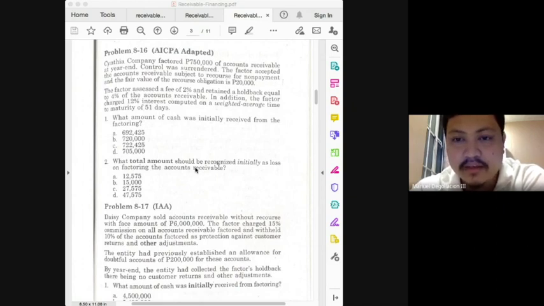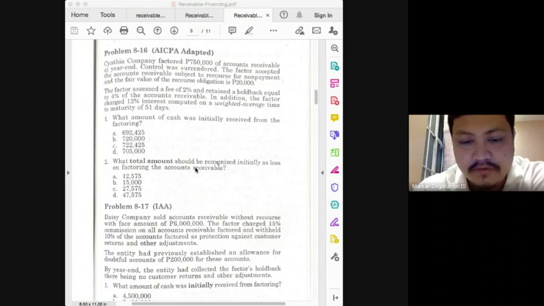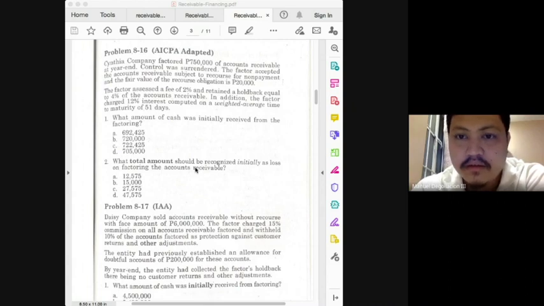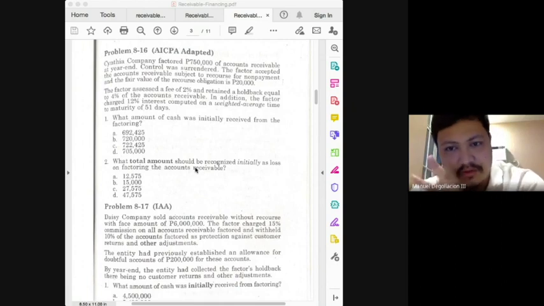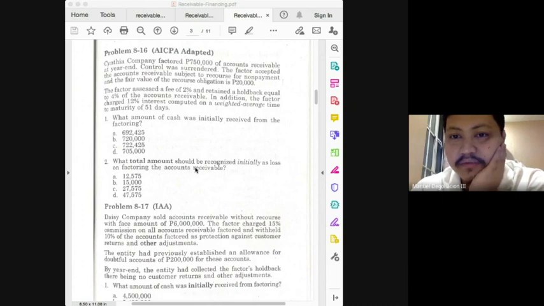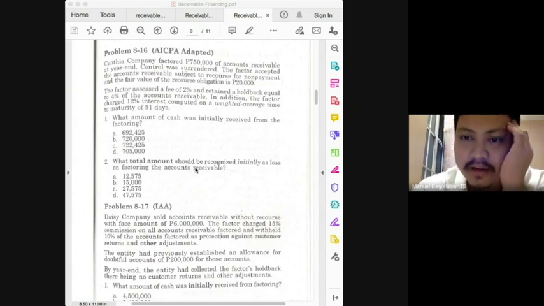So we will get 12,575 and some change, plus the 45,000 we have computed earlier, then deduct this from 750. This would give us 692,425, and that will be our answer. So the deductions here are the factor's fee, the holdback, and the interest.